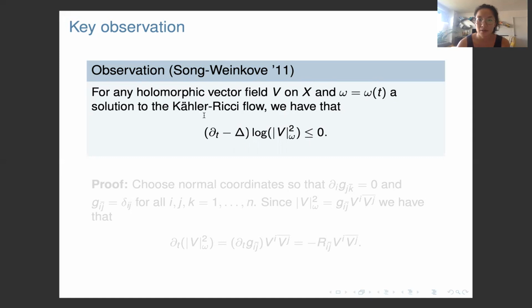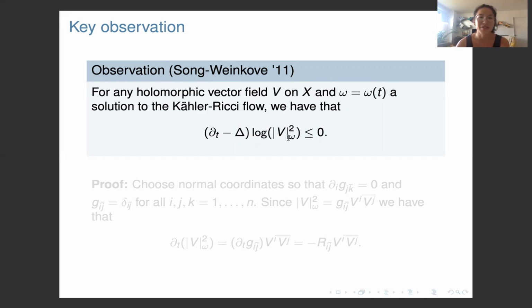And so, alluding back to the maximum principle, because the right-hand side is less than or equal to 0, this will tell us that the norm squared of V with respect to the evolving metric is always going to be bounded by either its space boundary or its value at time t equals 0.